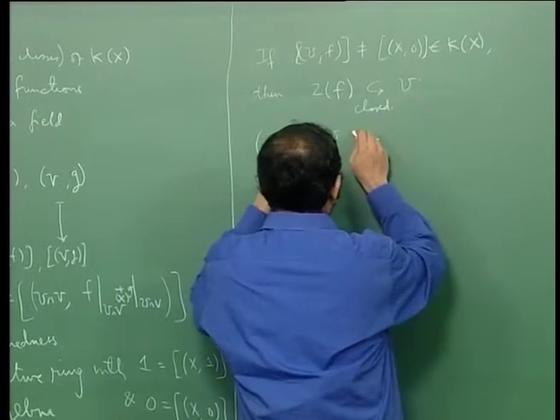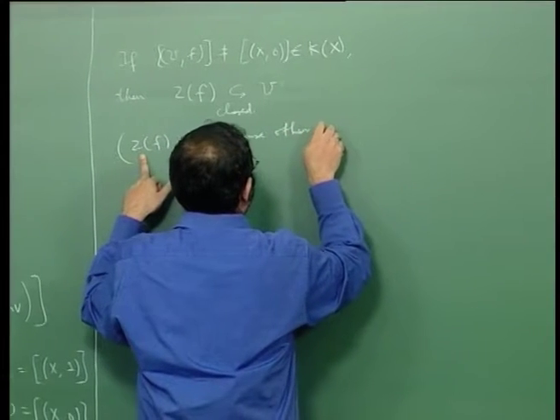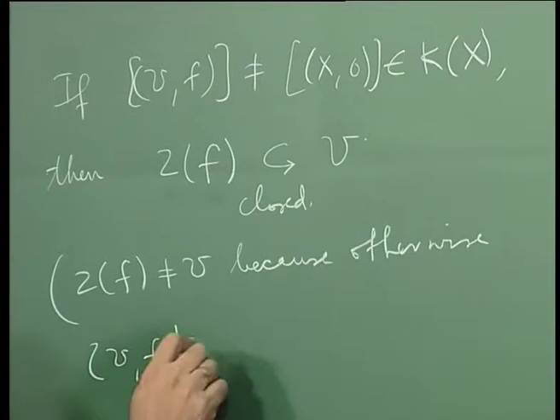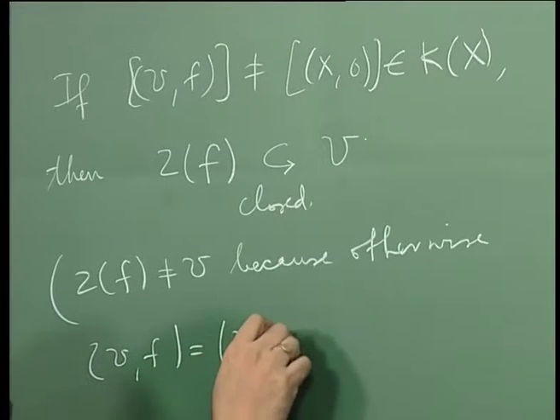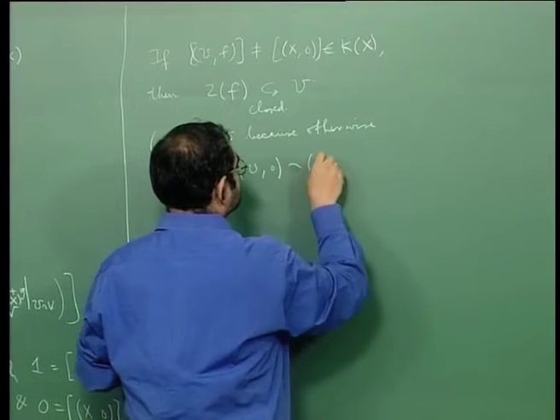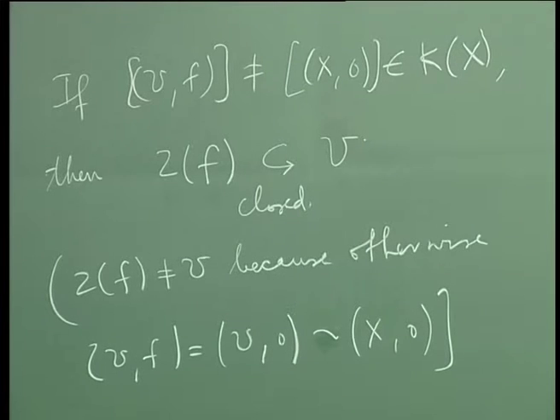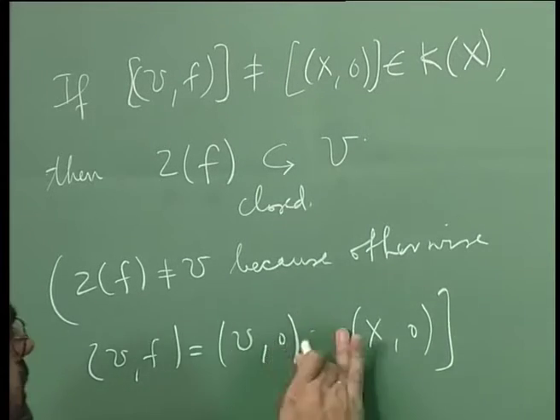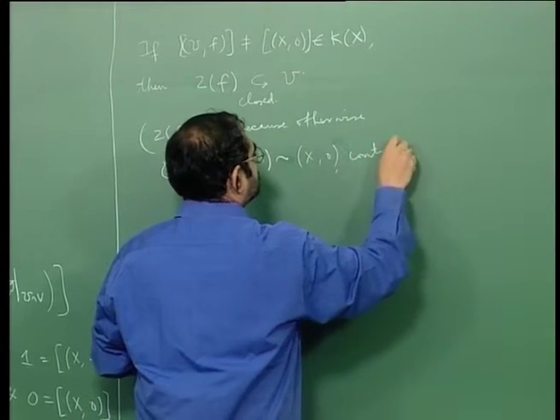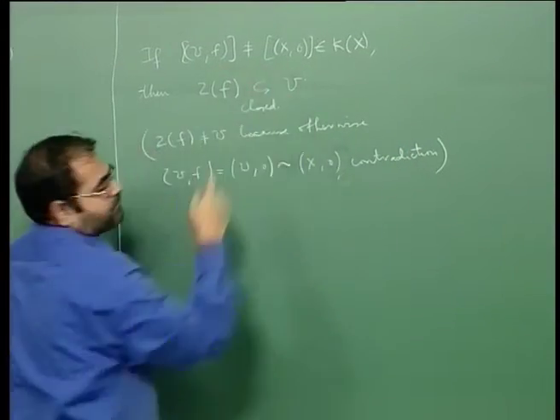So Z(f) is not equal to U, because otherwise you will see that (U, f) is the same as (U, 0), and this is equivalent to (X, 0), which is a contradiction. It's a contradiction to the fact that these two are different, alright.